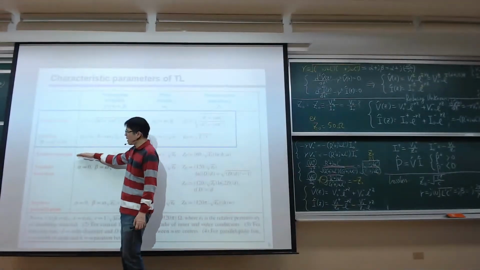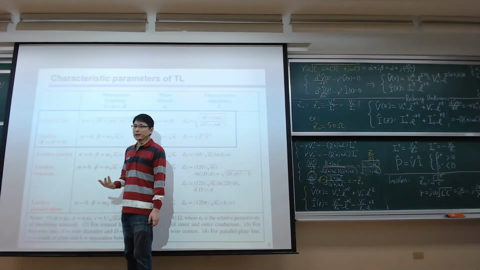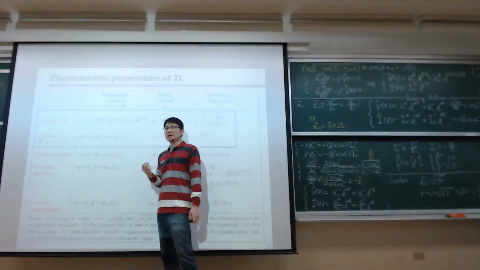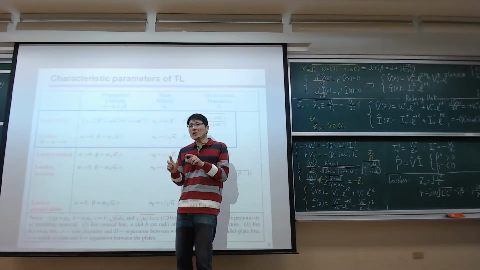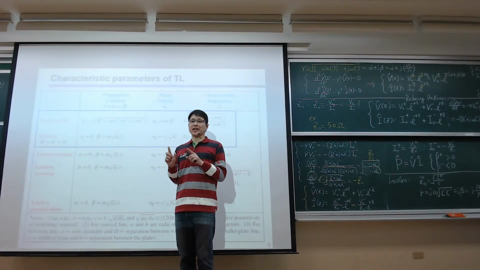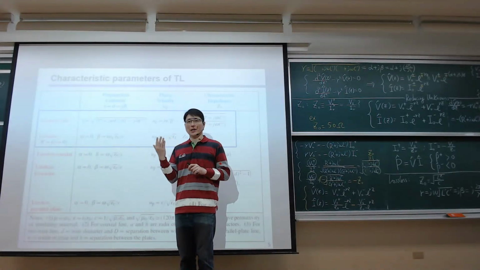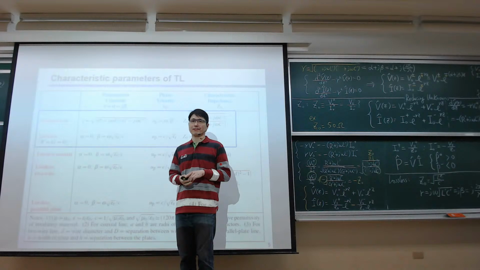So different geometries and different materials used to construct the transmission line will in turn change its propagation constant and its characteristic impedance. Okay?